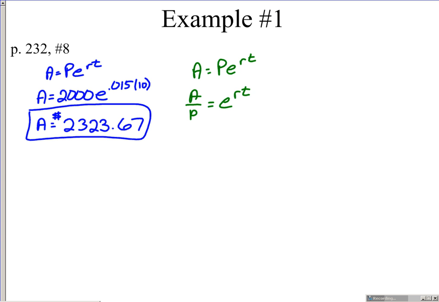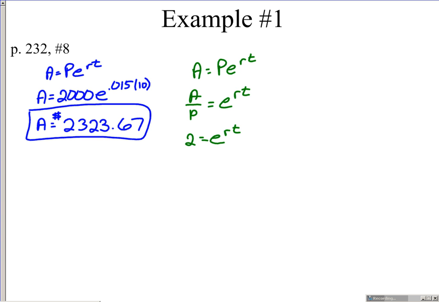Even if we are not given an original amount in the account, if the amount in the account is going to double, this ratio of A over P, the amount in the account compared to what we initially put in, will always be equal to 2. So keep that in mind. You don't have to be given an initial or principal amount invested.